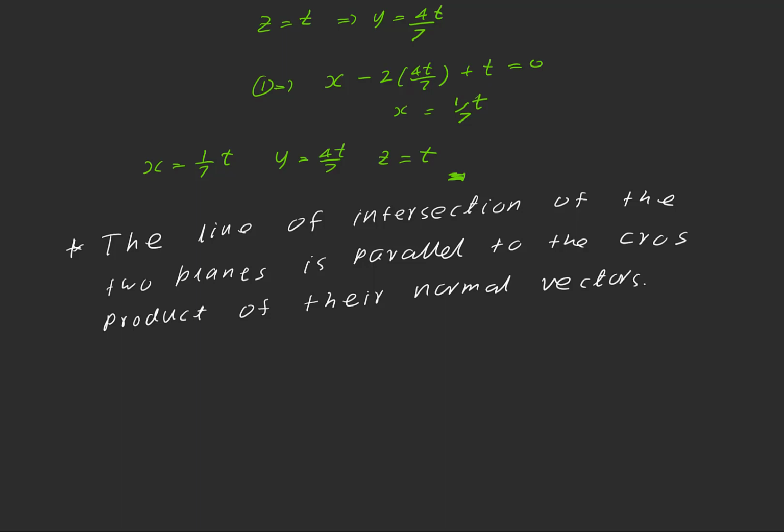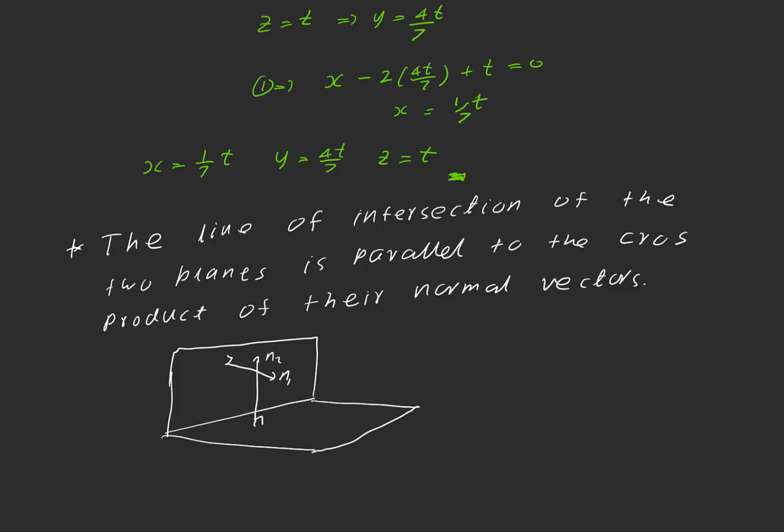That means suppose you have here one plane and the next one is this, right? So this is the normal vector n1 and this is n2. So n1 cross n2 should be parallel to this. So n1 cross n2 is parallel to this line.